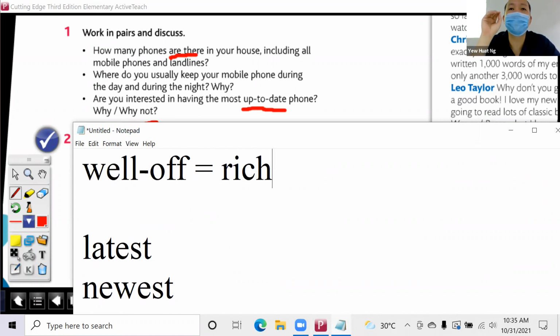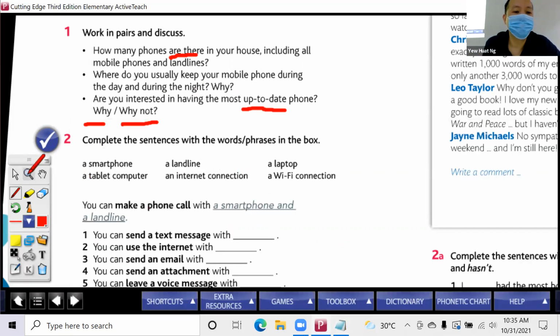Well-off is another word for rich, but rich is not a very nice word. Sometimes rich sounds a little bit ugly. So I will say well-off. I have well-off students and they don't change their phones every year too. You know? Yeah. Good morning. Okay. All right.